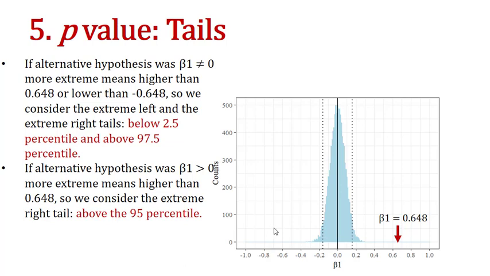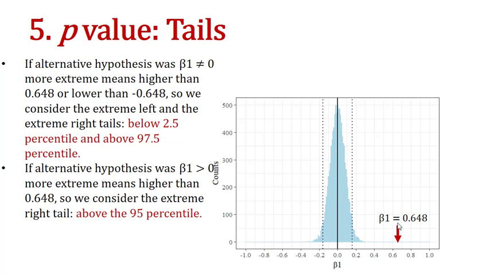Okay, so when we establish a non-directional alternative hypothesis, we have to look at the two tails of the distribution, the right tail and the left tail.